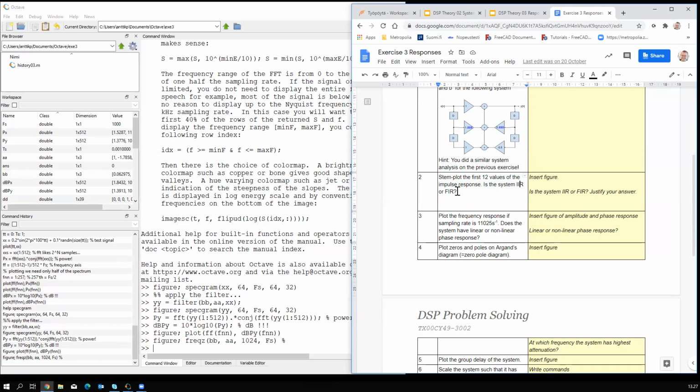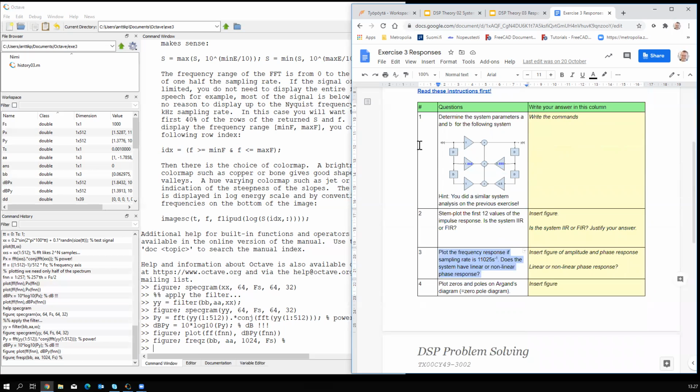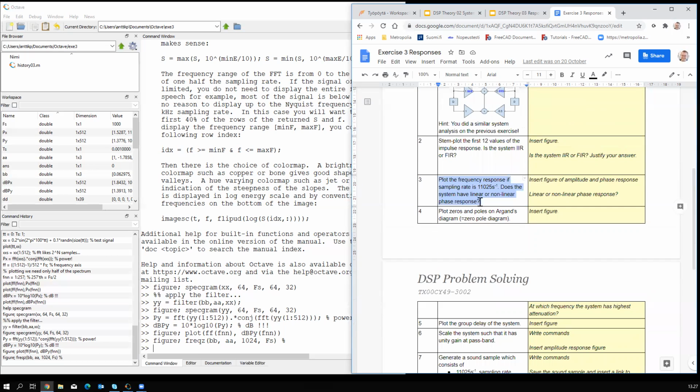You must actually check it from the impulse response picture. Then using those B and A, plot the frequency response with a known sampling rate. We don't know the sampling rate until here, then it's set. And then, does the system have linear or non-linear phase response? Well, the phase response is non-linear.